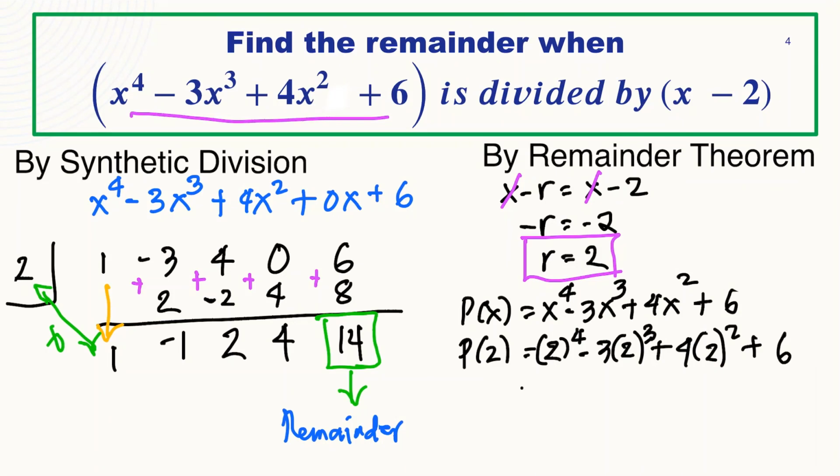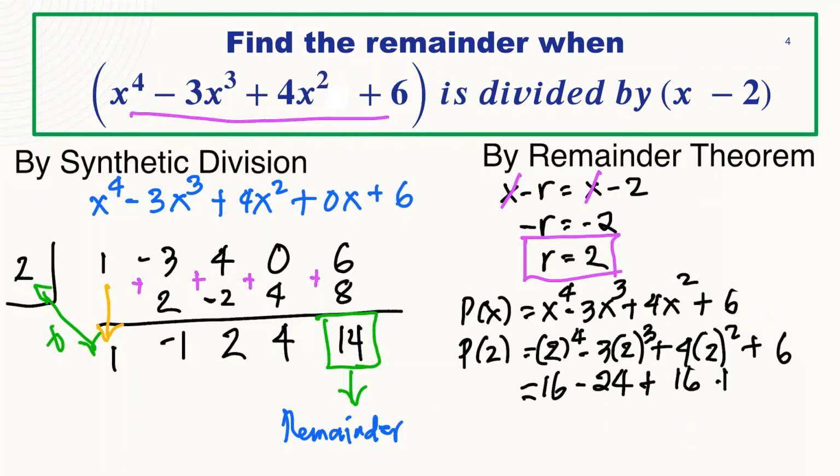Simplifying, 2 raised to 4 is 16, and 2 cubed is 8 times 3, that's negative 24. Plus 2 squared is 4 times 4, that is 16.